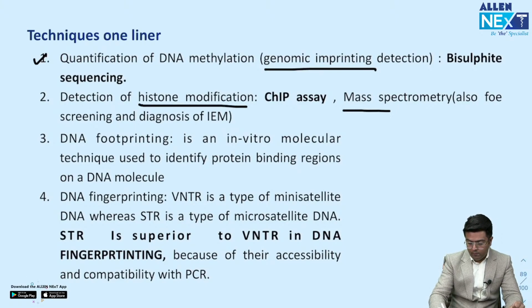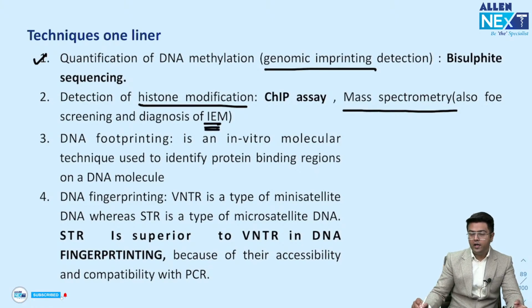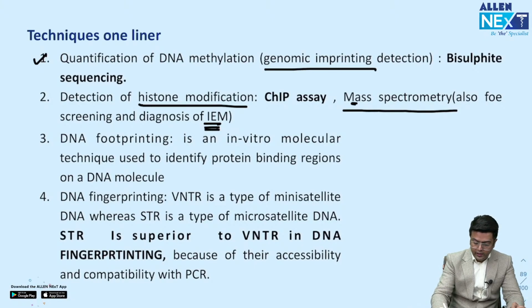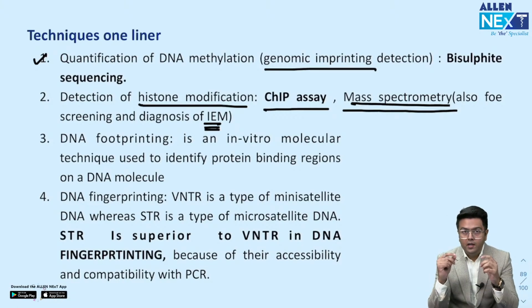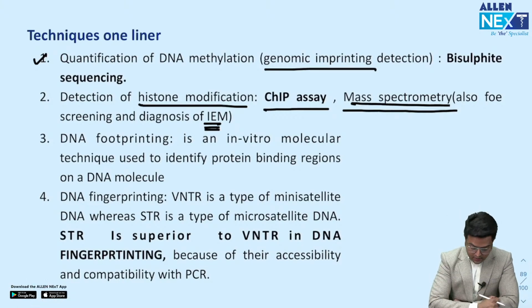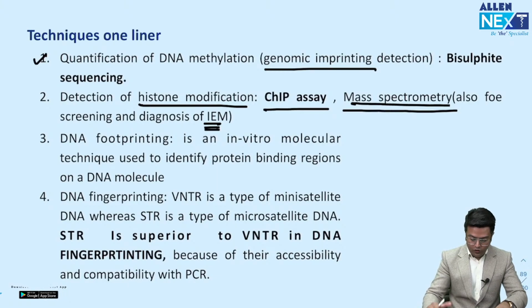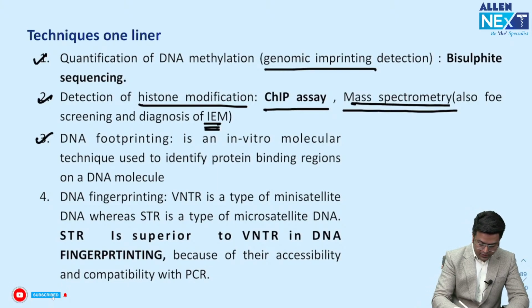Guys, we can do mass spectrometry, that is important for analysis of inborn errors of metabolism like maple syrup urine disease. But we can also do it for histone modification analysis and also the chromatin immunoprecipitation assay, right?